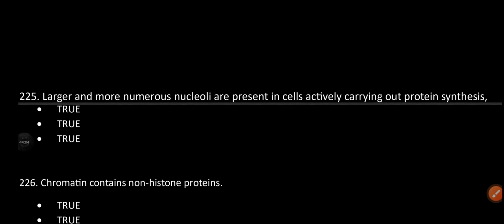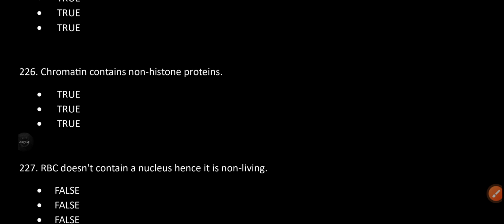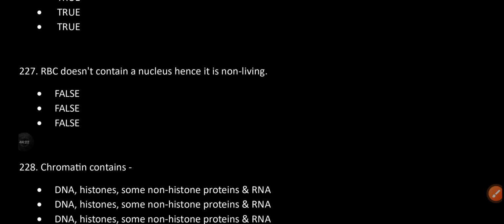Large and more numerous nucleoli are present in cells actively carrying out protein synthesis. True. Chromatin contains non-histone proteins. True. RBC doesn't contain a nucleus, hence it is non-living. False.